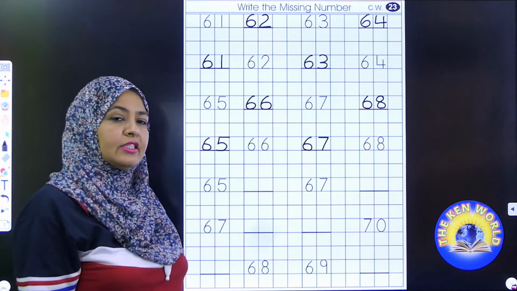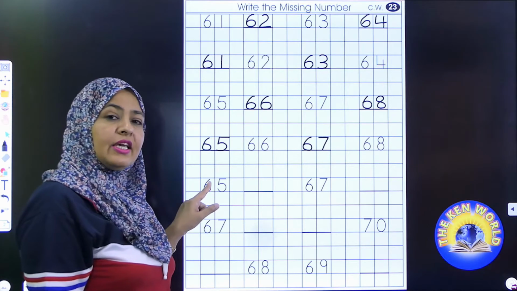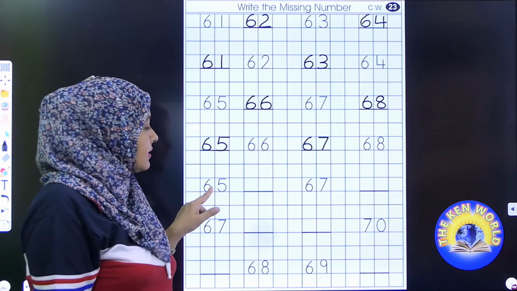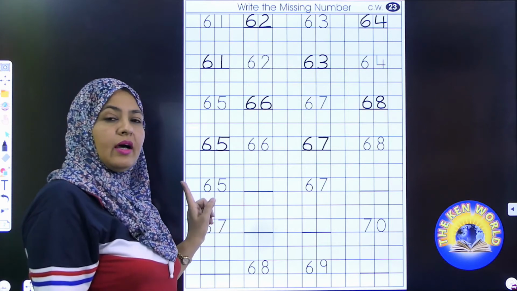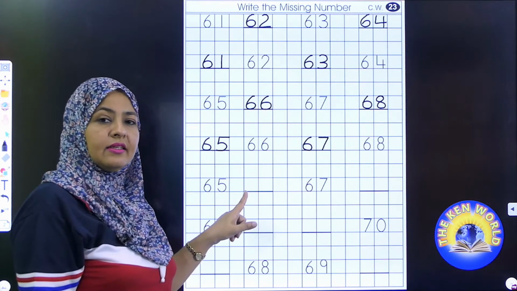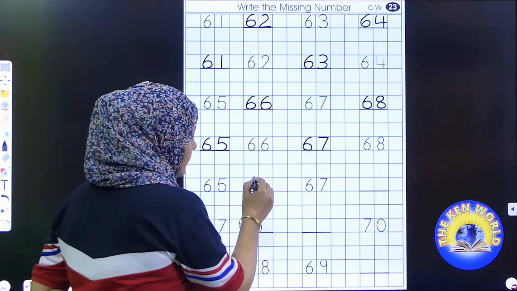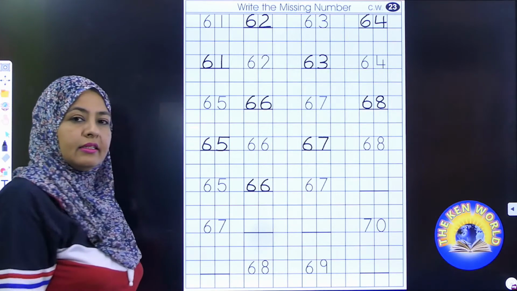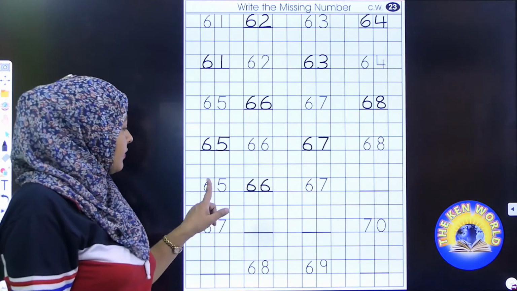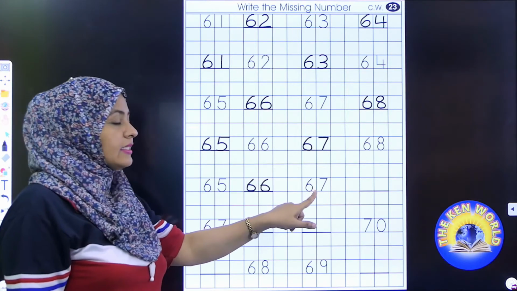Now move to the next row. Here we have number 65. Yes? And the next number is missing. So after 65 it is? Very good. 66. So write here 66. 65, 66, 67.